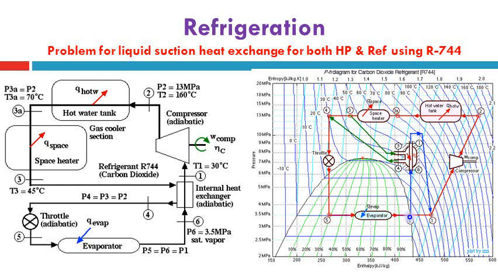The degree of superheat can be estimated from this temperature line to this temperature iso line. We get this temperature line equal to 30 degrees, as mentioned here, T1 equals 30 degrees, and the evaporating temperature is 3.5.